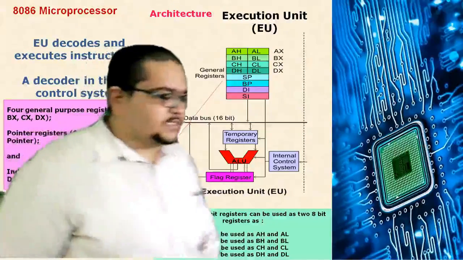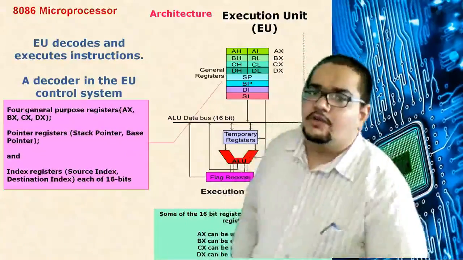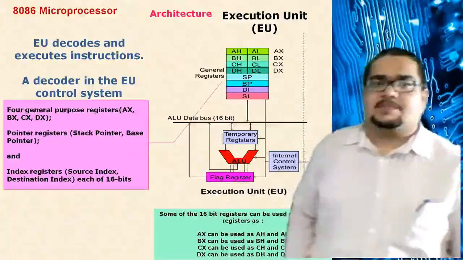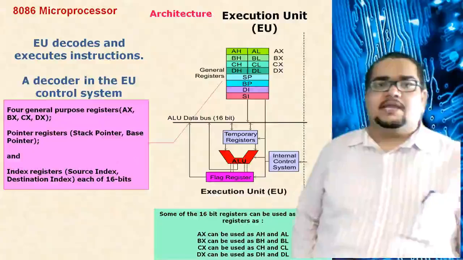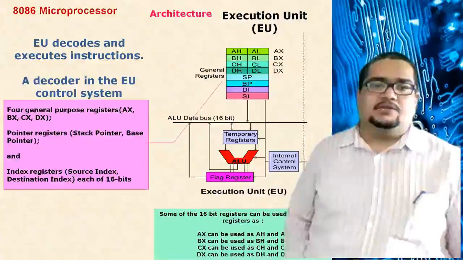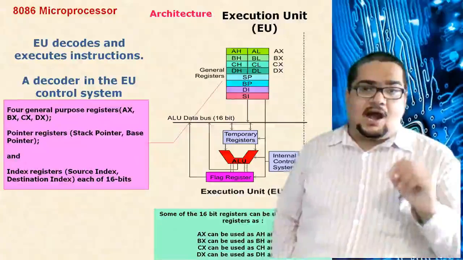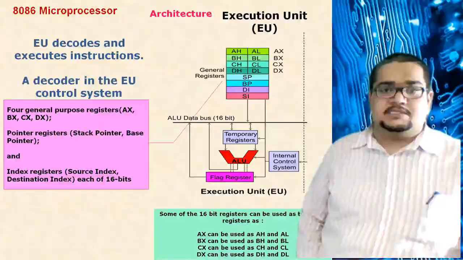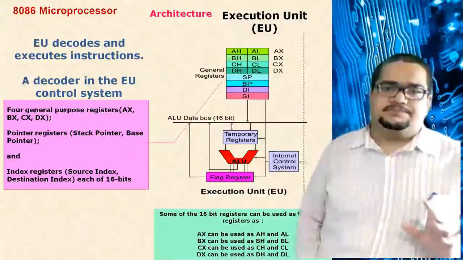Talking about the execution unit, again there are three major things in it. First, a general purpose register set: AX, BX, CX, DX. Then we have the ALU, which you can say is the heart of a microprocessor. Here all the arithmetic, logical, and string operations are handled.